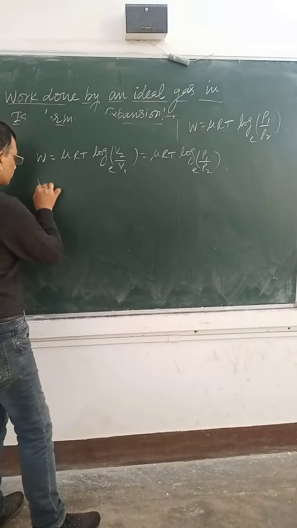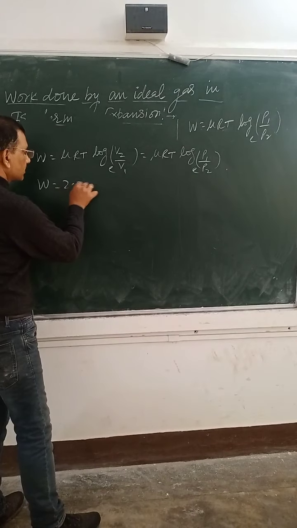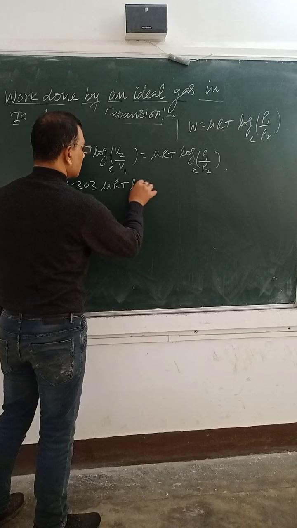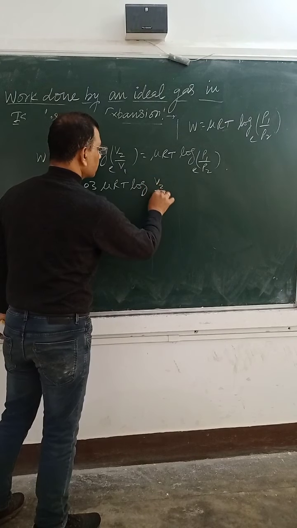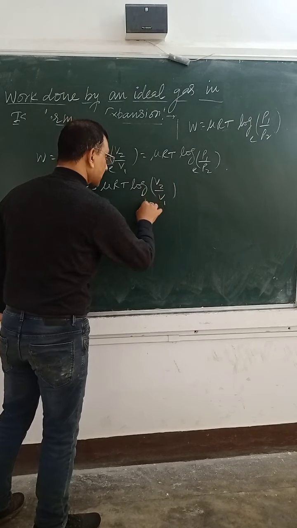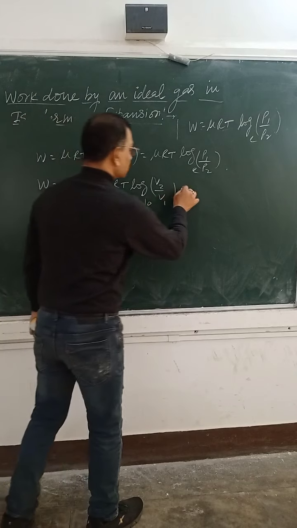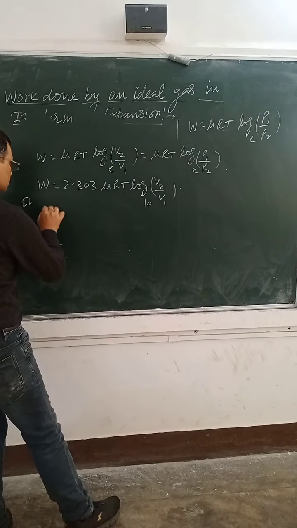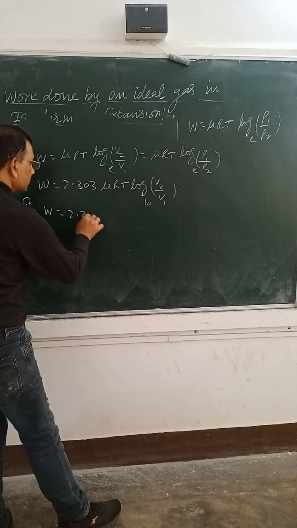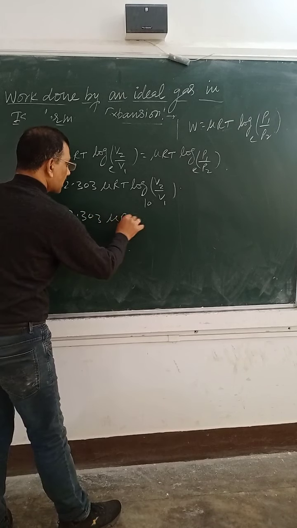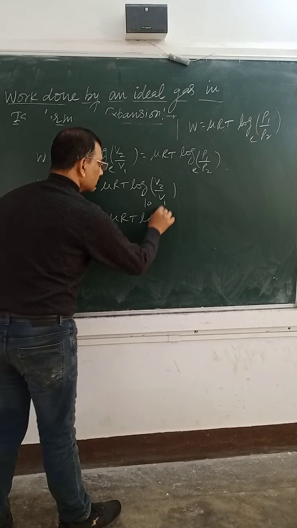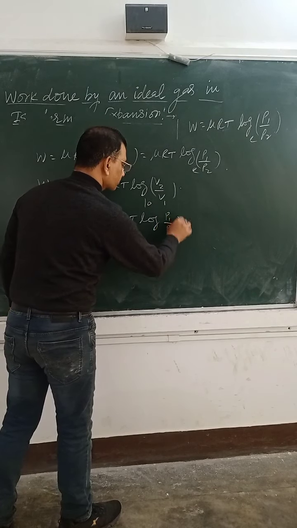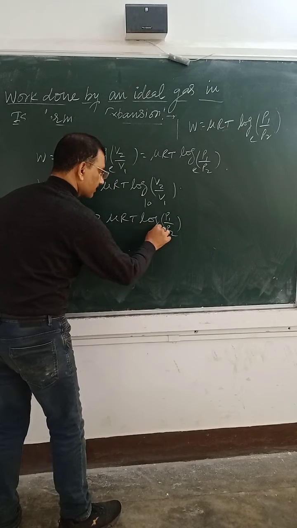So W is equal to 2.303 mu RT log v2 by v1 to the base 10, or W is equal to 2.303 mu RT log, in terms of this one, p1 upon p2 to the base 10.